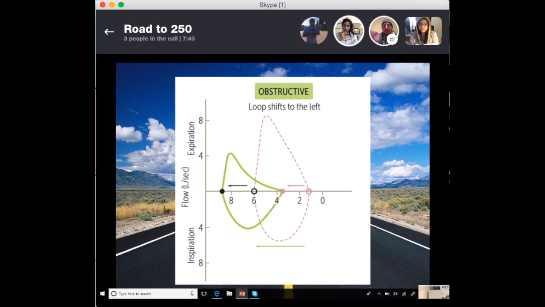So, what are the predicted values for those? Let's say TLC. It's going to be increased. That's right. How about our residual volume? Increase. All right, because we got air trapping.